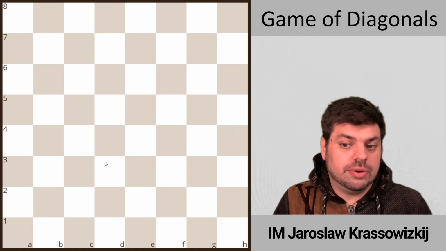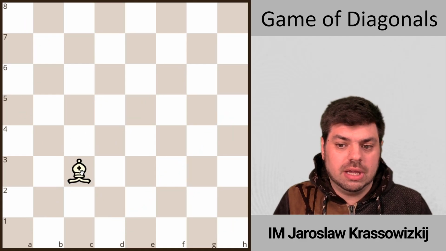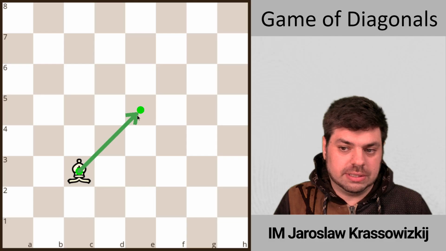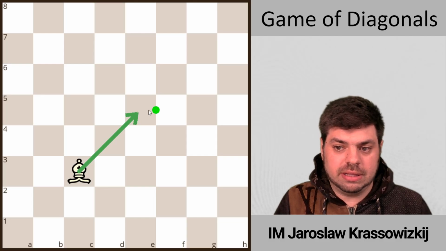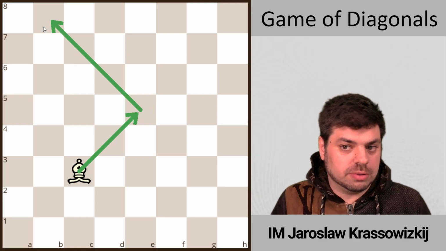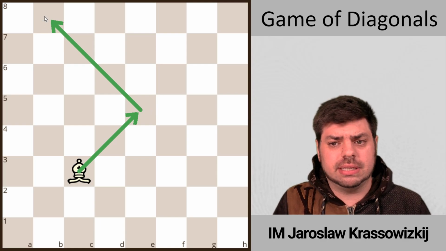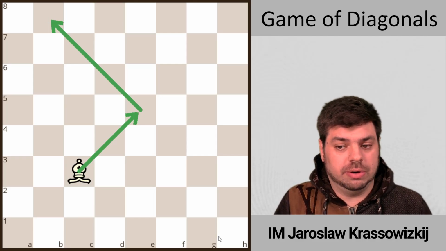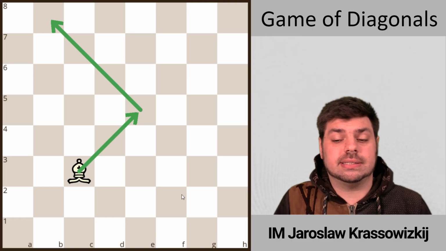But since you can move a bishop twice, for example this one, you can start here, move it to the square e5 and then move it to b8. So this bishop cannot move to b8 directly, but in two moves it can get to any square on the board. And this is the task that you have to solve.